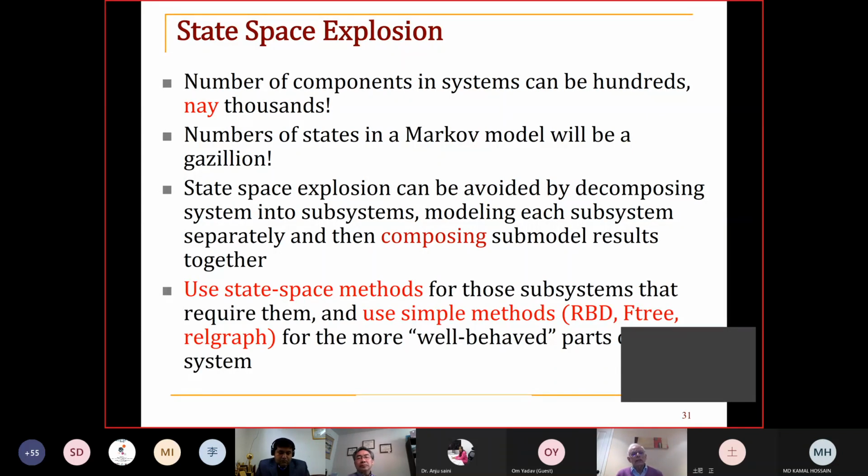We can use state space methods in those subsystems where dependence is heavy, and use simple non-state space methods when dependence is either not there or very little. So we can mix and match these different types of modeling paradigms in multi-level models. What we use in practice to solve real problems are multi-level, multi-paradigm methods.